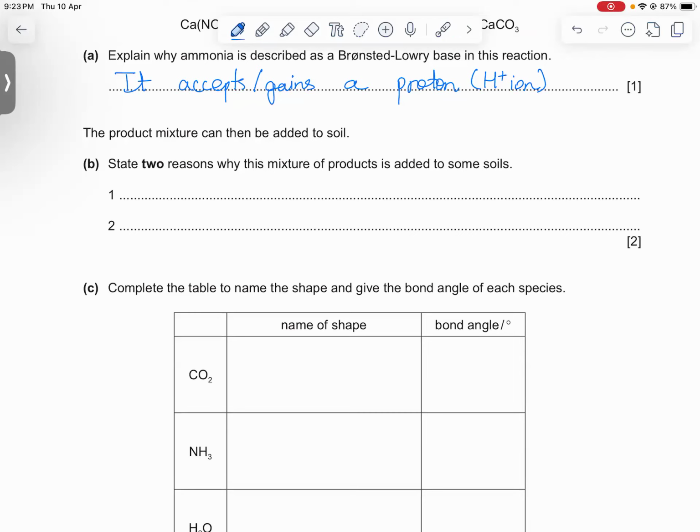Okay? So we will say CaCO3 helps neutralize the soil.